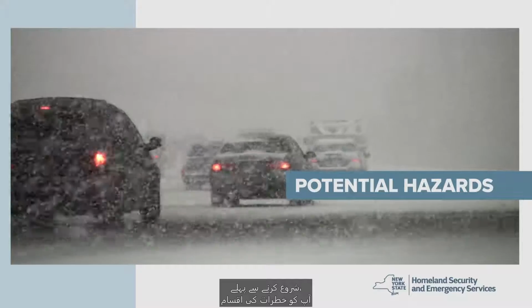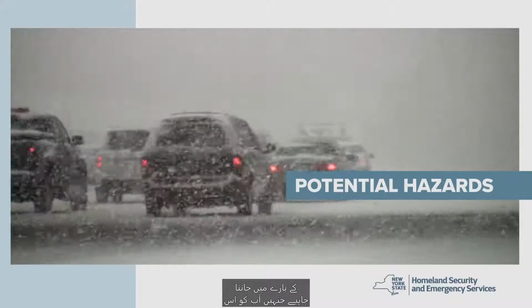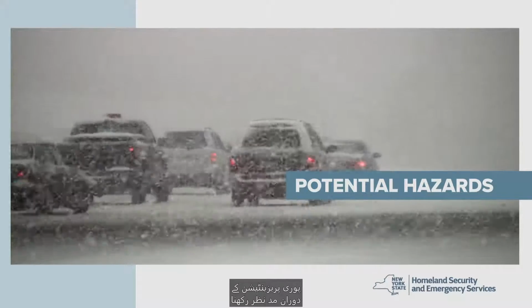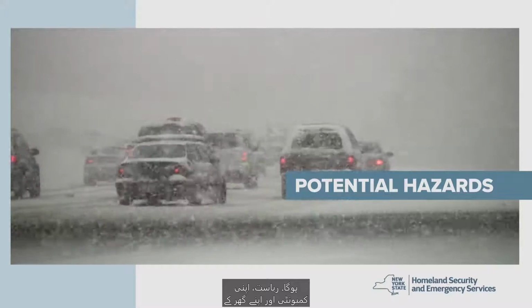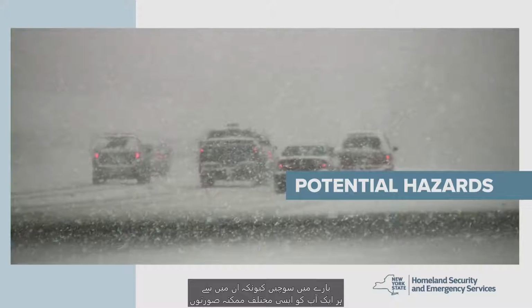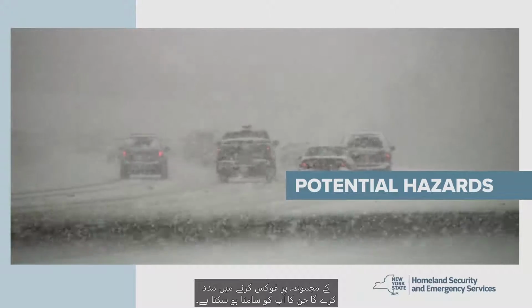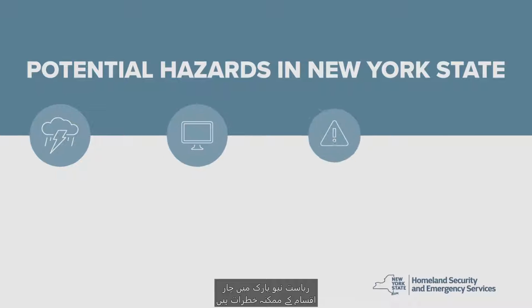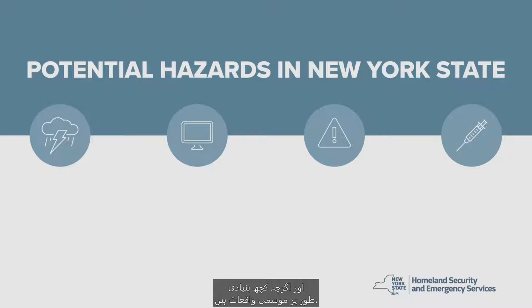Before we begin, you should be aware of the types of hazards that you will need to think about throughout this presentation. Think about the state, your community, and your home, as each will help you focus on a different set of potential situations that you could face. There are 4 types of potential hazards in New York State, and although some are mainly seasonal events, most can occur at any time.